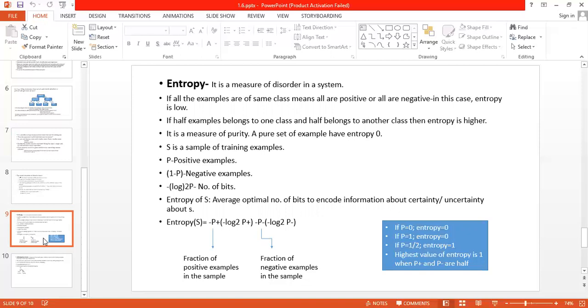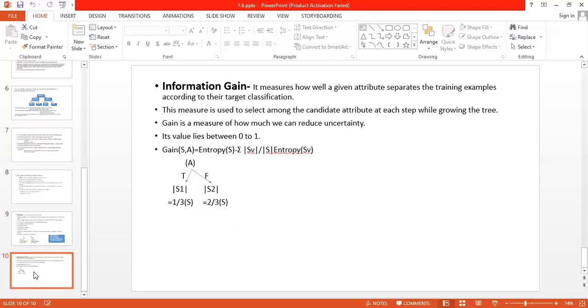Next, after calculating entropy for all the samples, you have to go for the information gain. So what is meant by information gain? It measures how well a given attribute separates the training examples according to their target classification. So this measure is used to select among the candidate attributes at each step while growing the tree.